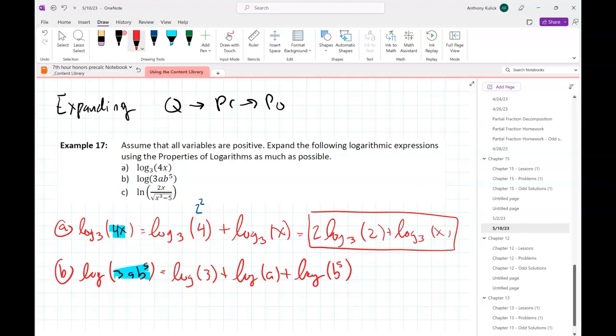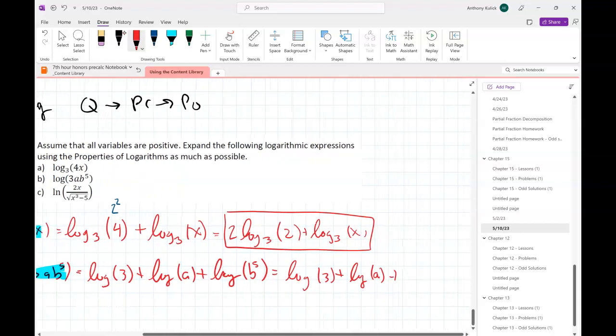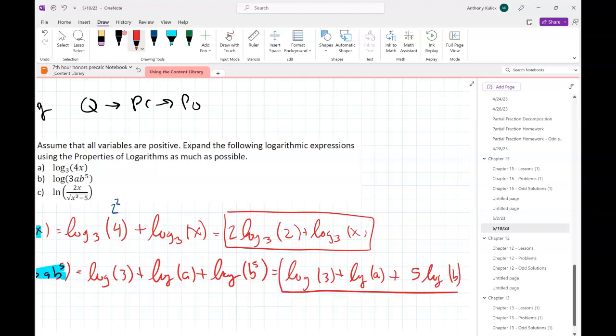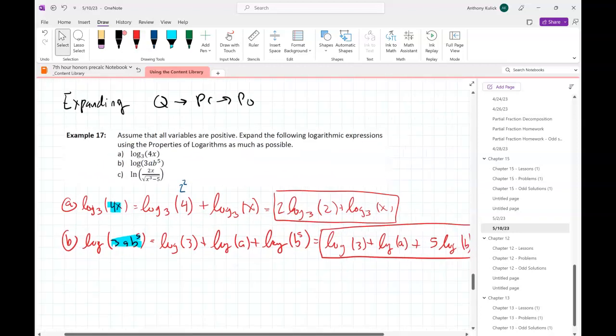If I look at powers, log 3, log A, no powers there, but log B to the 5th has definitely got a power property there. So I'm going to move that exponent of 5 to a coefficient outside the logarithm, and that's good there. Everybody feels okay? All right.